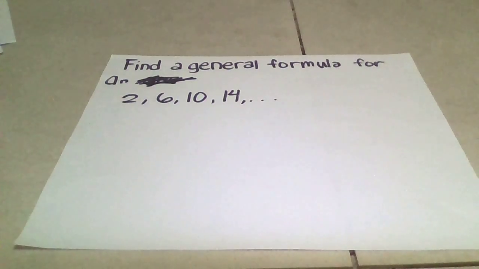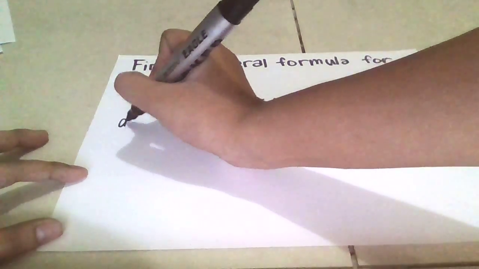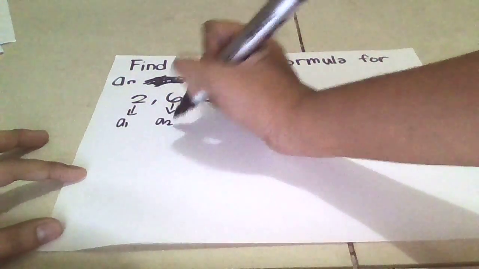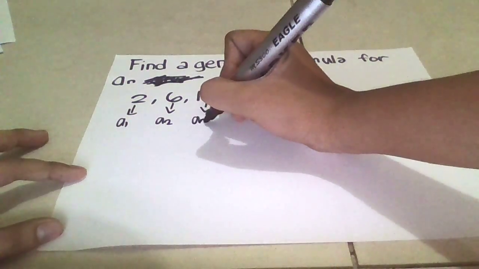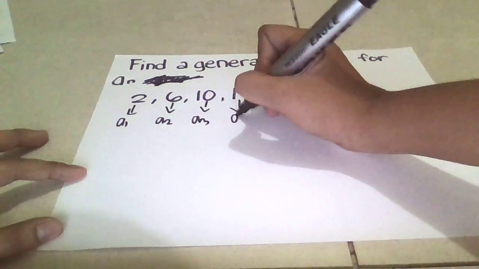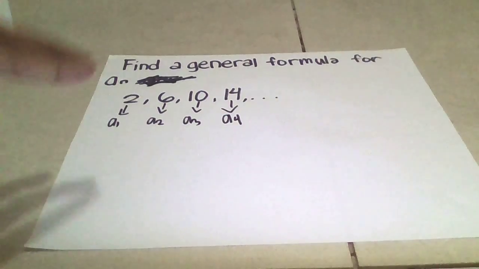Find the general formula for a sub n in this sequence. So a sub 1 is 2, a sub 2 is 6, a sub 3 is 10, a sub 4 is 14.